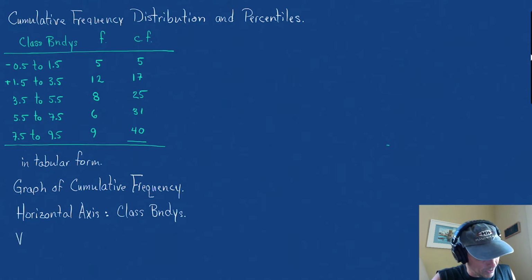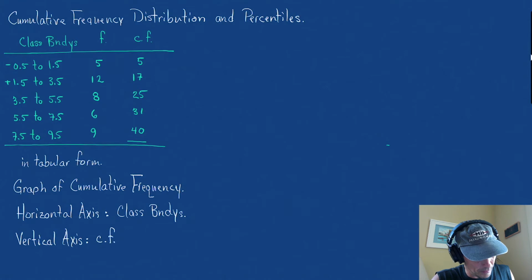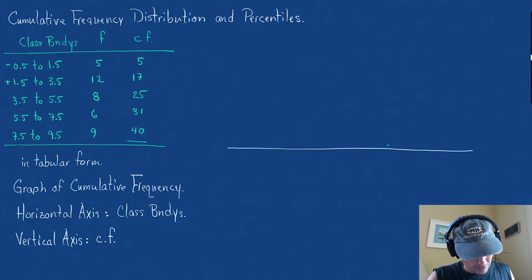On the vertical axis, we're going to put the cumulative frequency. Okay, and so let's do that. Now notice a few things. Notice our cumulative frequency is going to go to 40. So that could get a little long. We'll probably use a scale of 5. But I think our class boundaries should work out pretty well. So here we go. You can always adjust it if we need to.